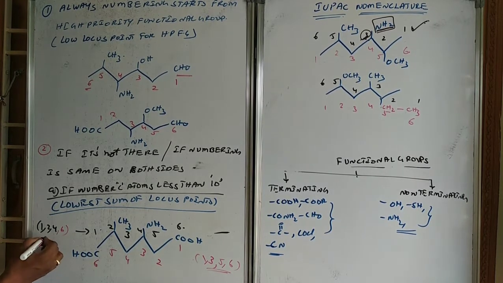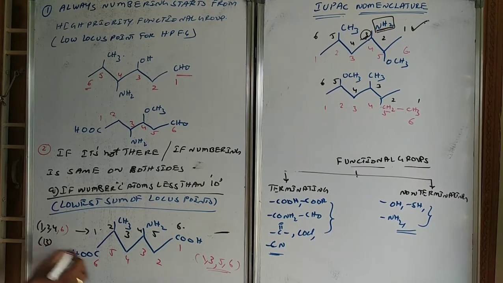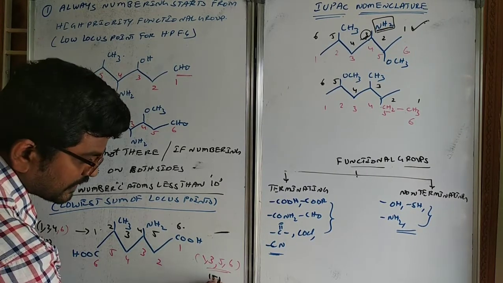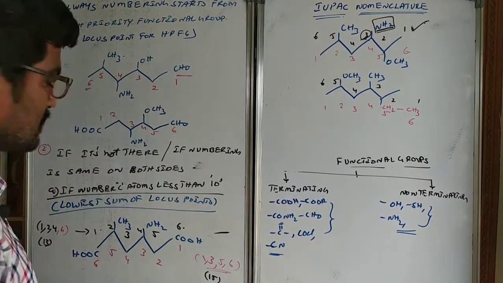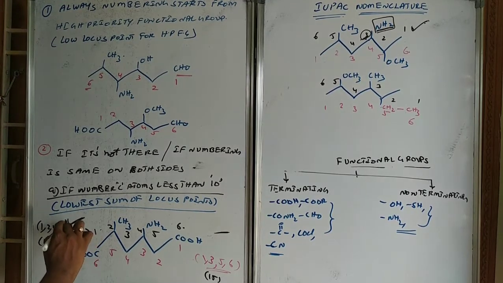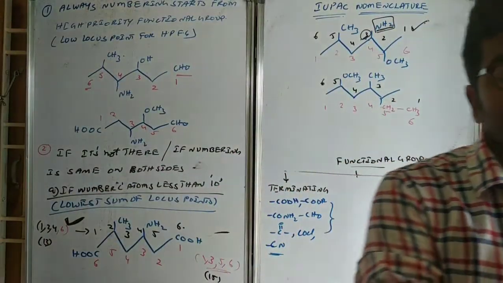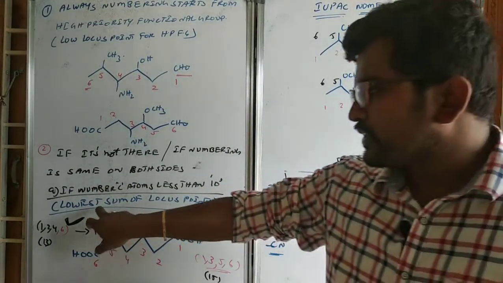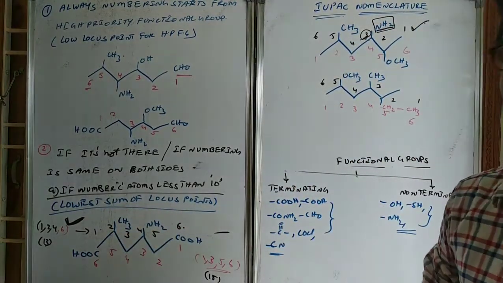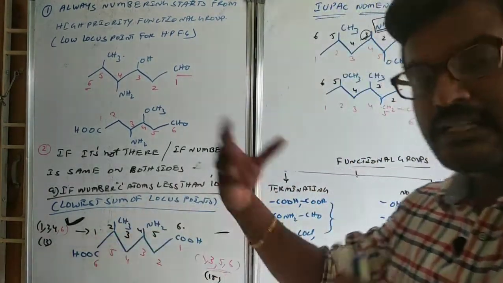What will come? 13 will come. In this case 15 will come. So the lowest sum of locus points means this is the numbering accepted for this compound. Whenever the number of carbon atoms is less than 10, we go for the lowest sum of locus points. If it is greater than 10, there is another issue.